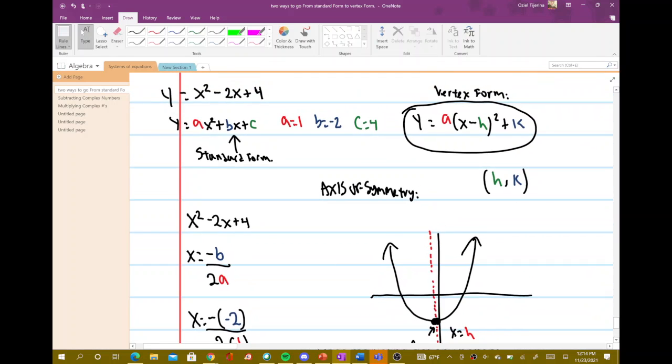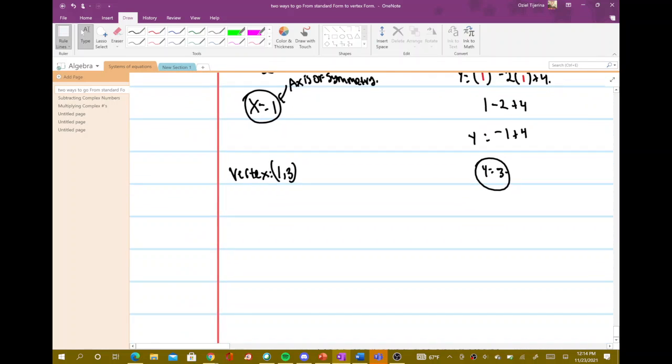Now, like I said, the vertex form is y equals a times the quantity x minus h squared plus k, right? So we know that (h, k) is our vertex, right?